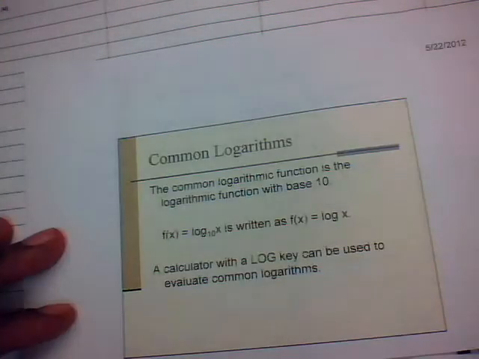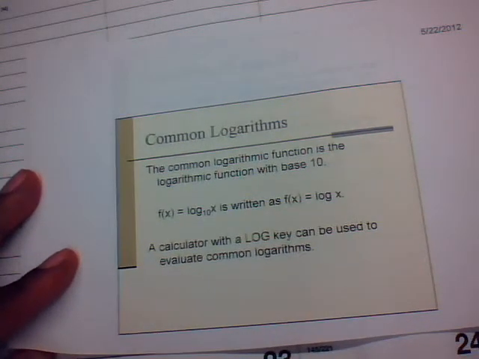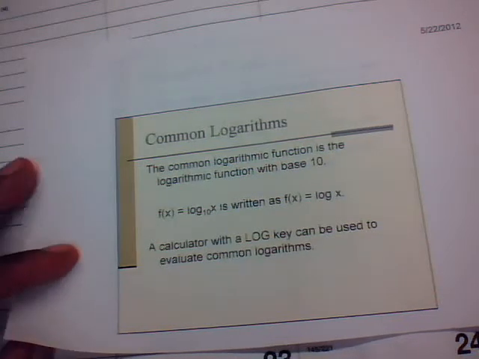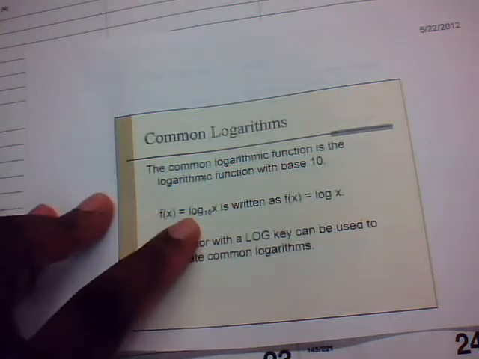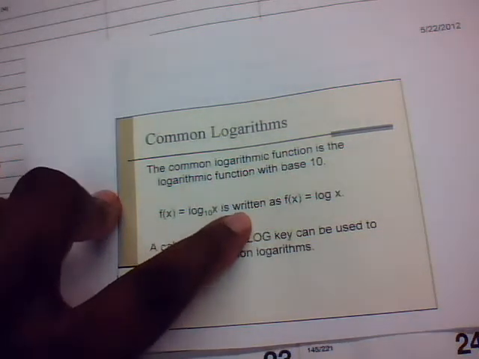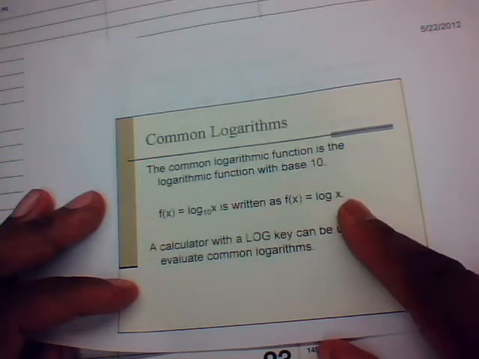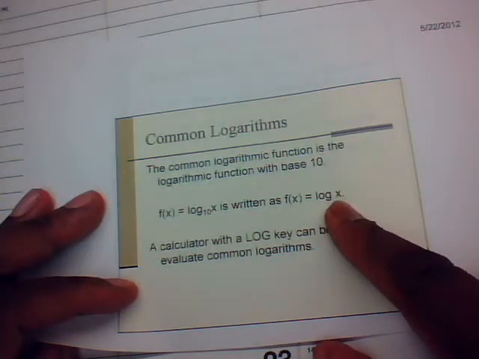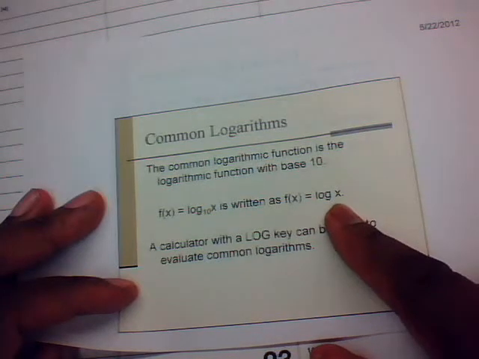Okay. Next we'll look at common logarithms. A common logarithmic function is the logarithmic function with base 10. In other words, f of x is equal to log to the base 10 of x, usually written as simply f of x is equal to the log of x. So if you do not see a subscript for the log, it is understood to be 10.